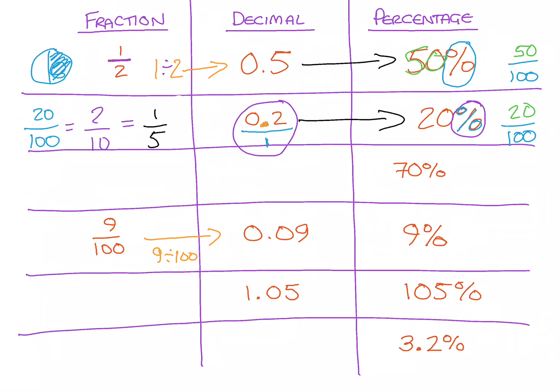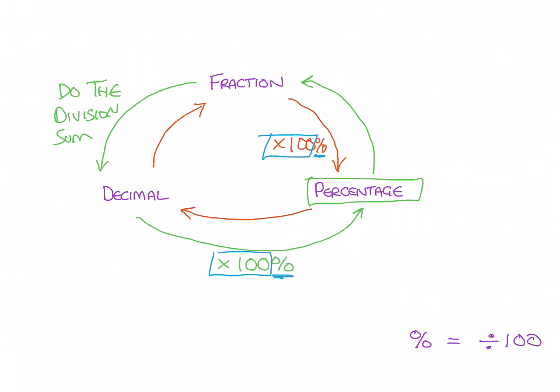So, although this is not really the nicest conversion to do, turning a decimal into a fraction, basically what you do is you write the decimal over 1 and then times top and bottom by as many tens as needed.